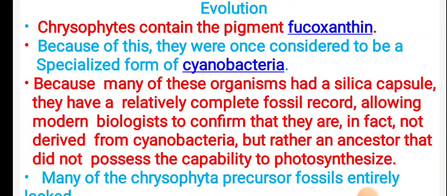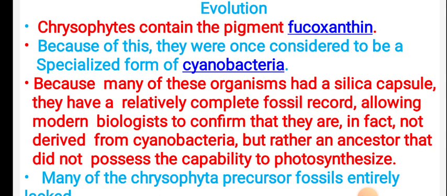The chrysophytes contain the pigment fucoxanthin. Because of this, they were once considered to be a specialized form of cyanobacteria. Because many of these organisms have silica capsules, they have a relatively complete fossil record.